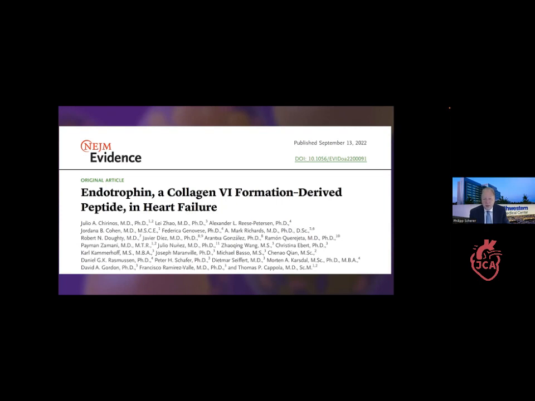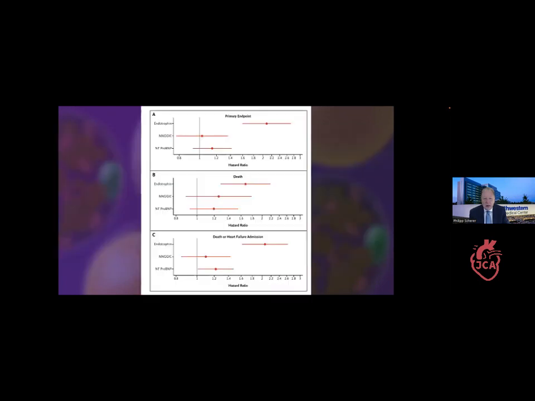I believe in this particular case, it was SGLT2 inhibitor treatment for HFpEF patients. They measured endotrophin in circulation prior to initiation of the study, and they found that endotrophin is an outstanding marker.